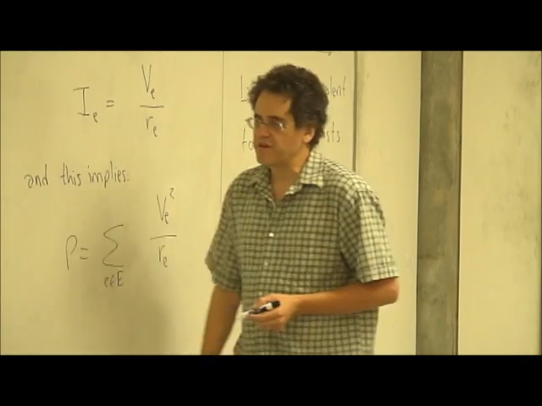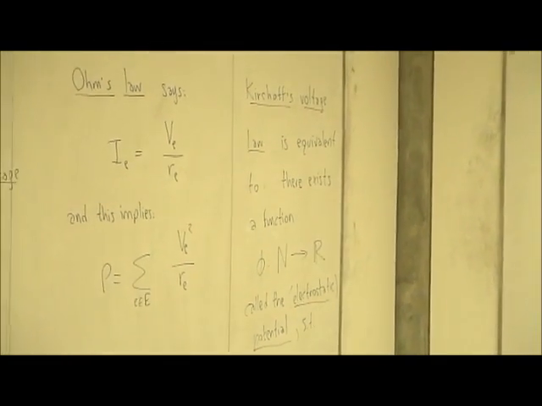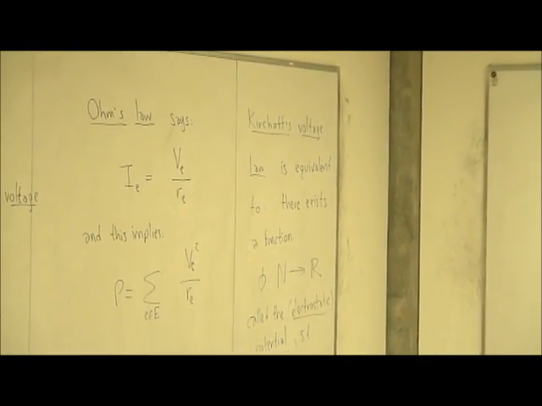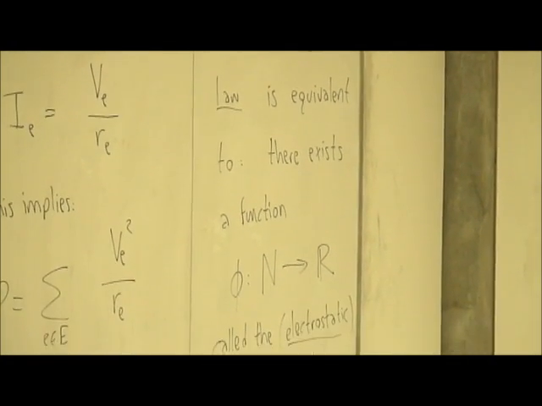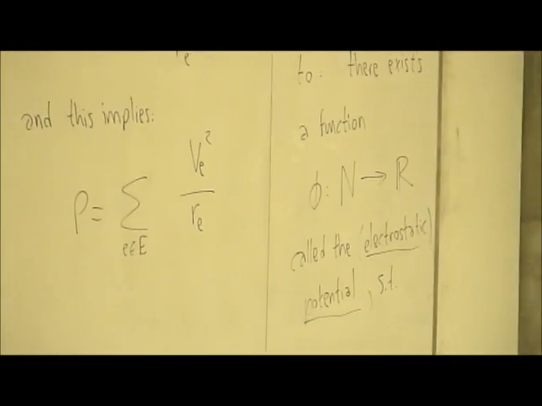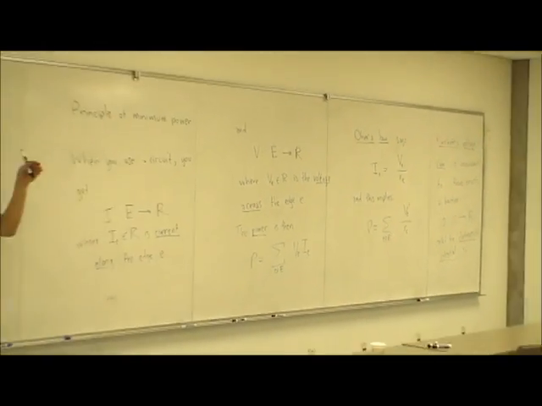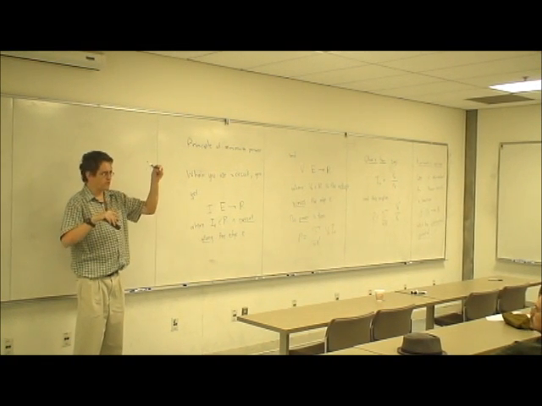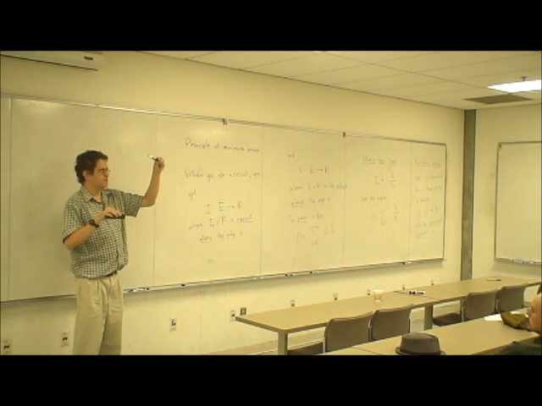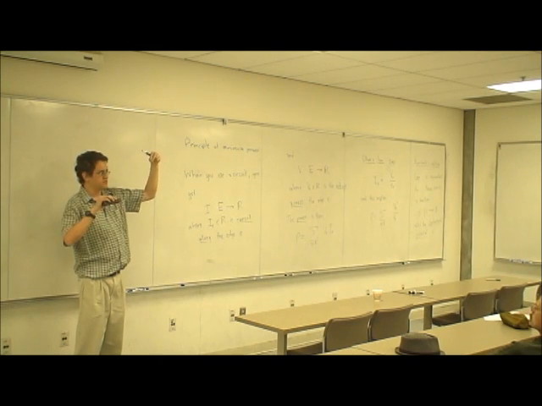And the property of this potential is that the voltage across an edge is the difference of the potentials at the two ends of the edge. So again, it's just like water flowing down a hill. If you want to know how much down the hill you go from one end of a road to the other, you just take the height at the two ends of the road and subtract.